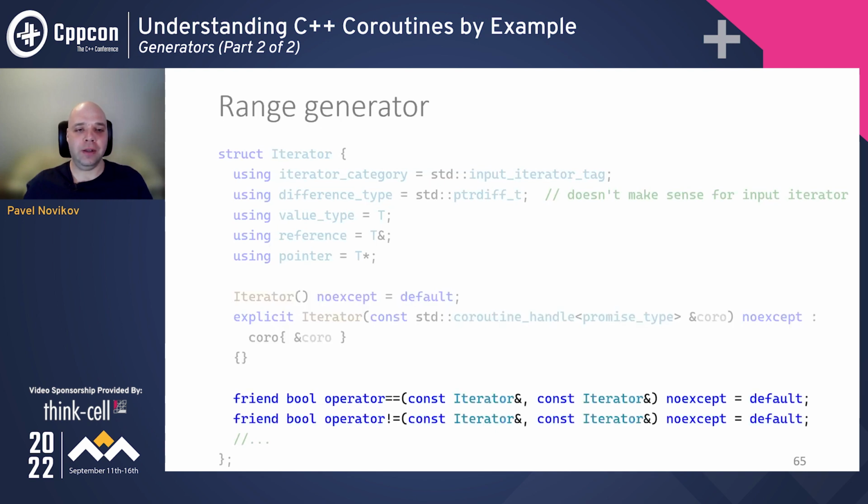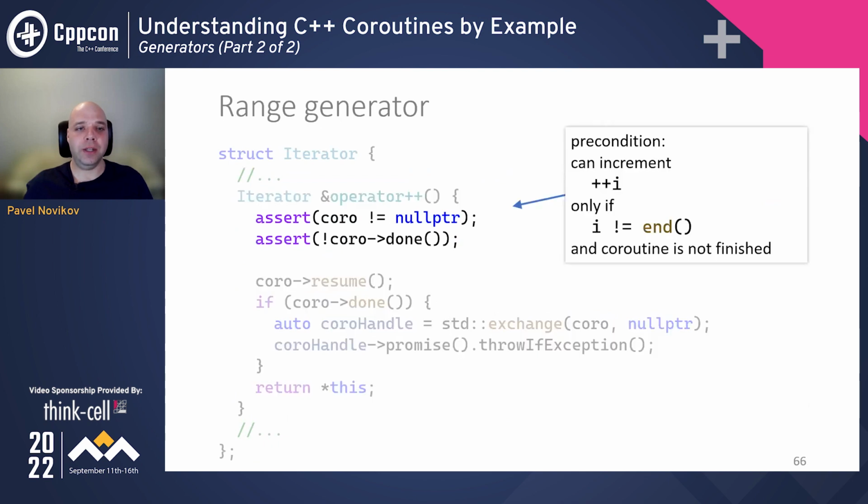The next are the comparison operators. For illustration purposes I define both of them, but you don't actually have to define not equals, because since C++20 the not equals operator is synthesized from the equals operator.